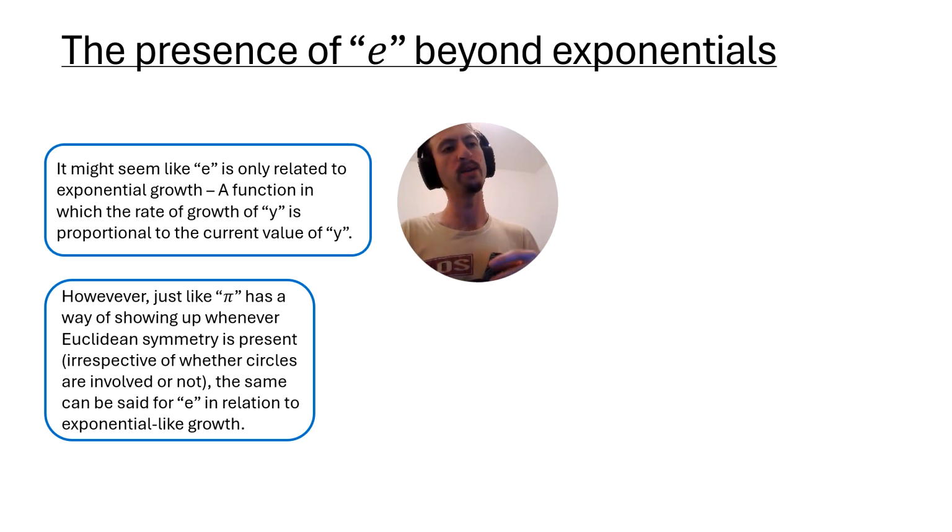And this is because e, in many ways, has a kind of resemblance to the nature of pi. When you first learn about pi, you're usually introduced to pi explicitly through circles, and you begin to relate, almost subconsciously, pi to circles.